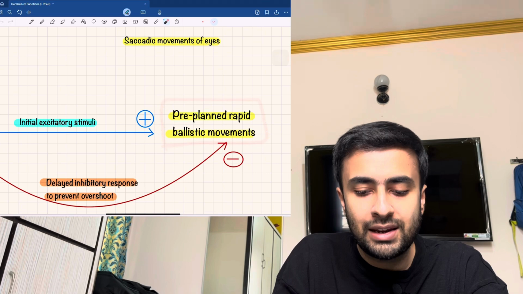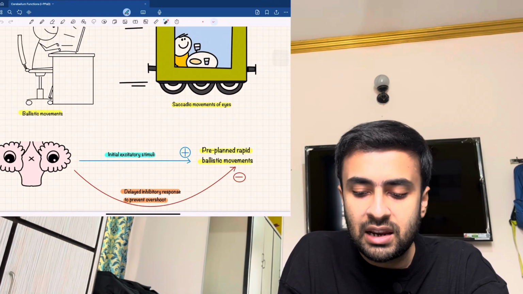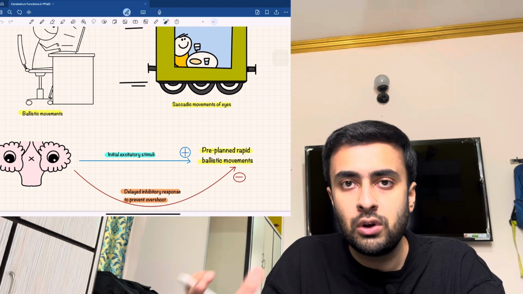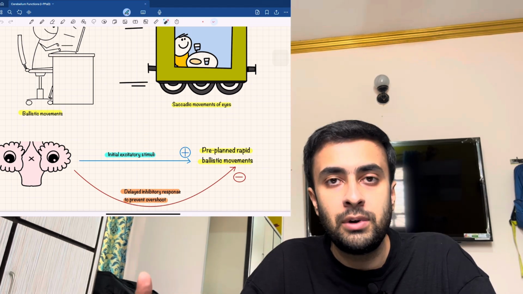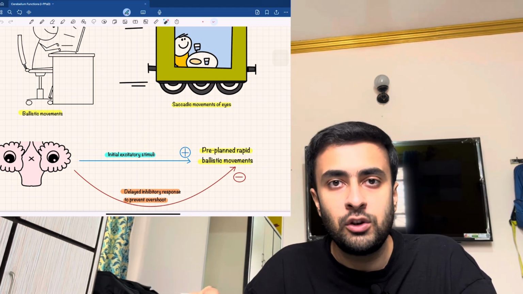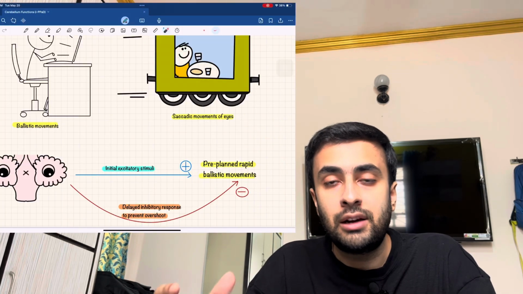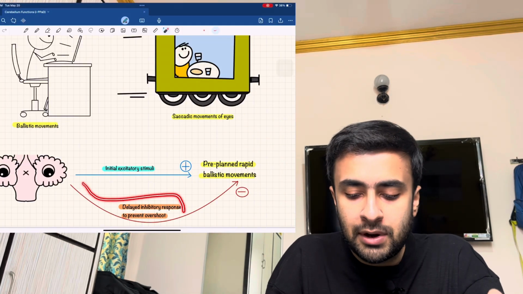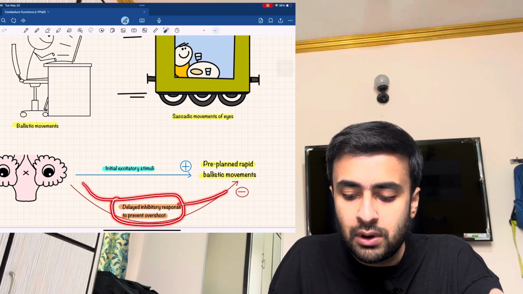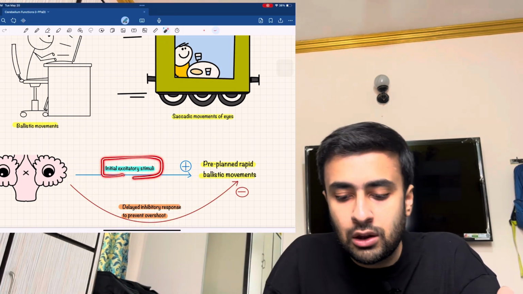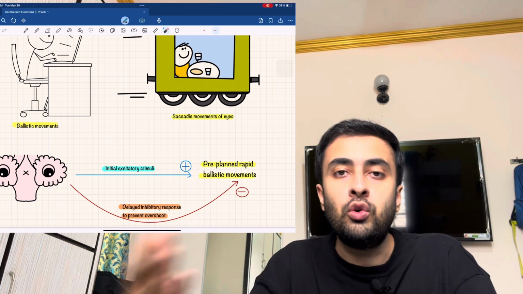So once again, to quickly revise, the cerebellum sends out an initial excitatory stimulus which gives the motor output of performing a task, for example typing. First you send out an excitatory stimulus to the arm and fingers, and then you start clicking on the keyboard. But to prevent overshoot, exaggeration or tremors, the cerebellum immediately sends out a delayed negative response which prevents the initial movement sent in the form of excitatory stimulus from overshooting.